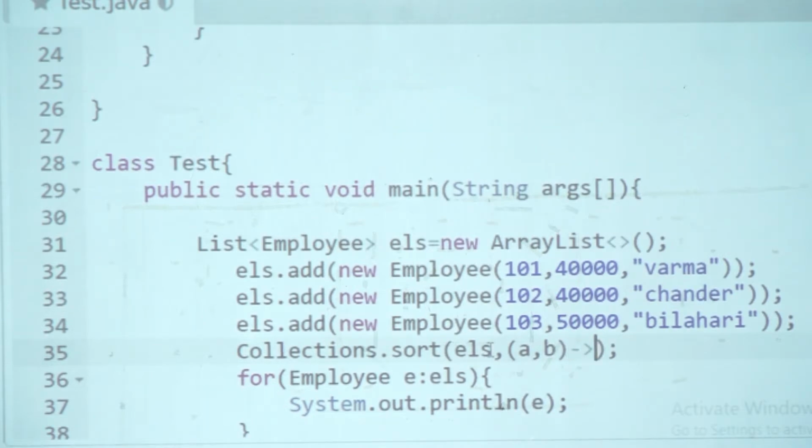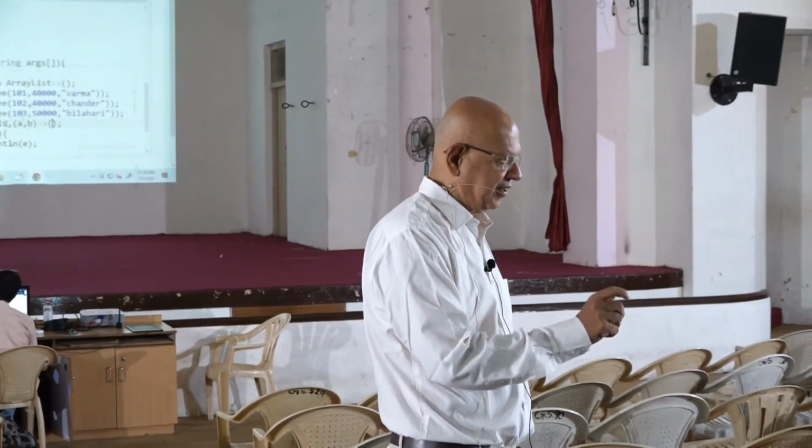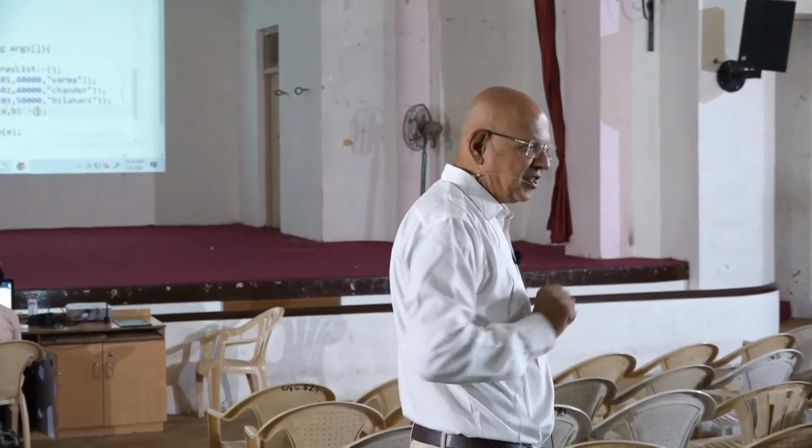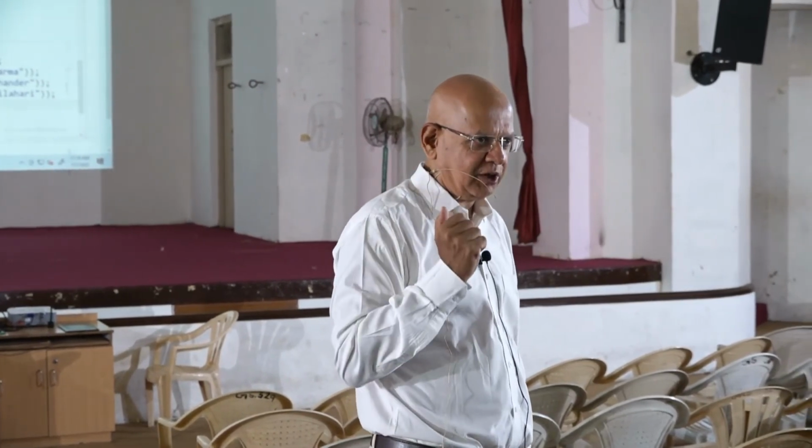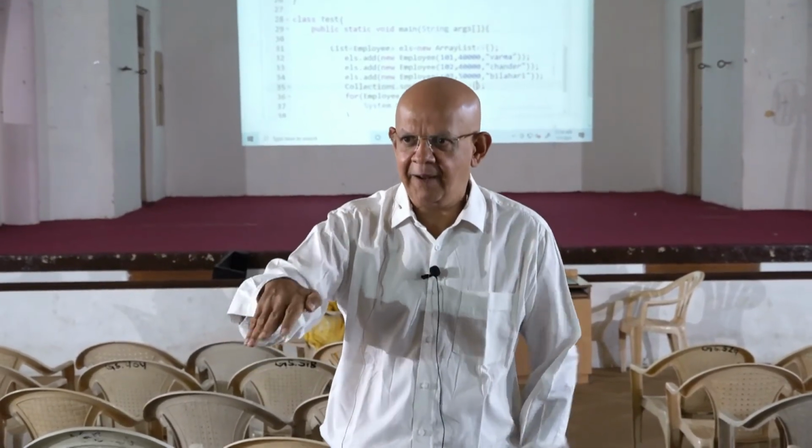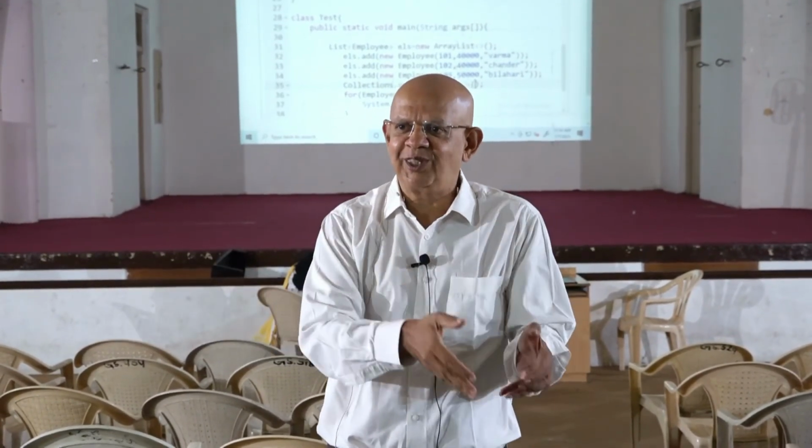Now, do you understand a comma b? Two employee objects, a and b. We always write a lambda expression using the reference. So a is the first employee object, b is the second employee object. How do you compare these two employees? a represents the first employee, b represents the second employee automatically, because it's a lambda expression associated with employees, used in sort of employees.